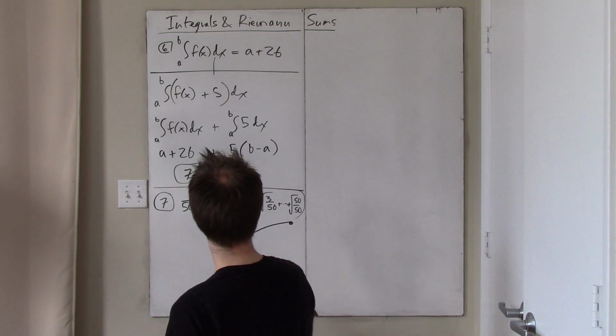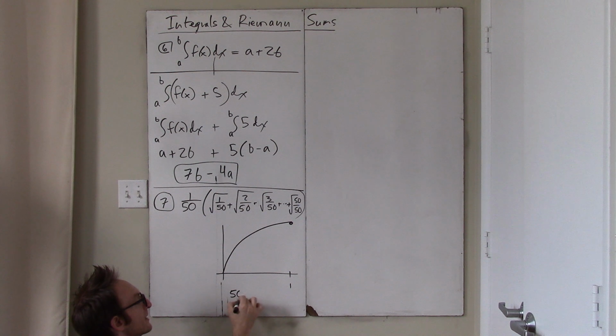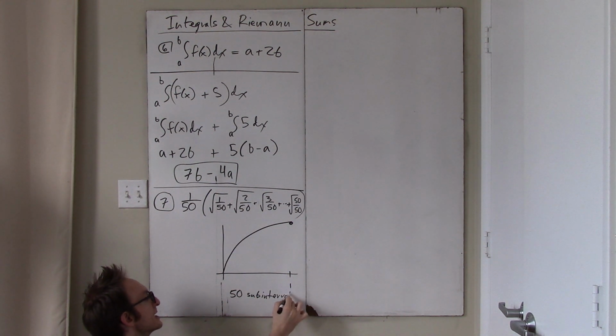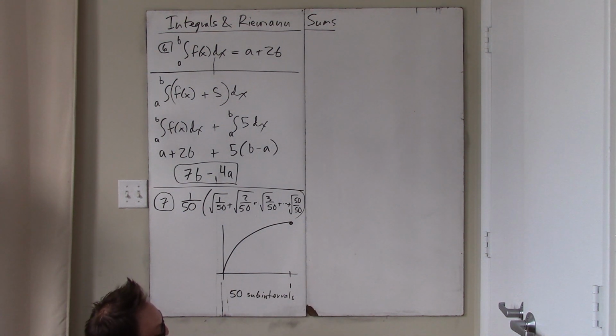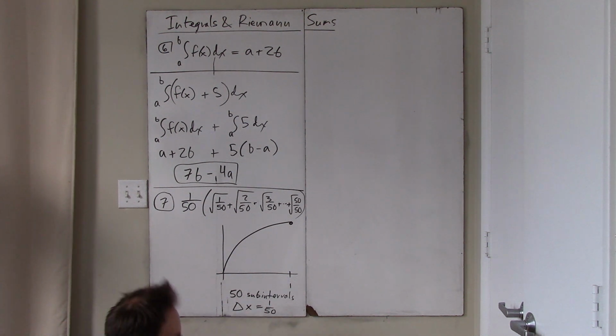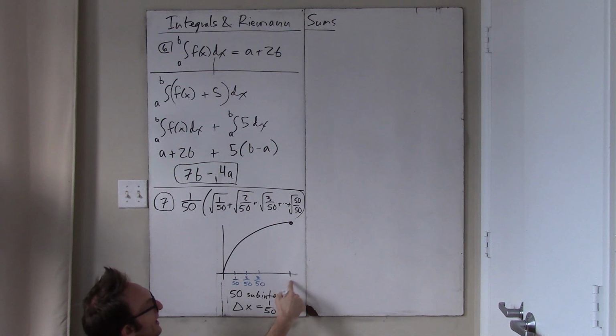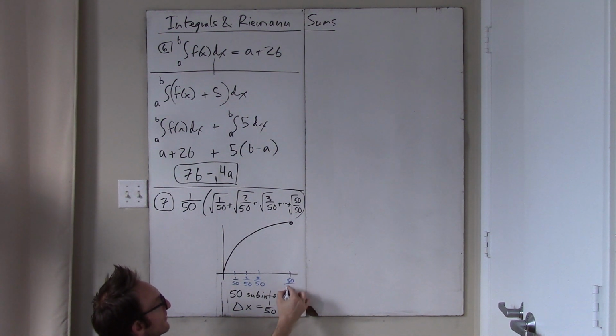but using 50 subintervals. And so what we're doing here is we're using 50 subintervals, and we're taking the integral from 0 to 1, and if that's the case, then delta x is going to be 1 over 50. And so this is what we did maybe on the very first day of this unit when we did area. So this would be 1/50th, and this would be 2/50ths, 3/50ths, all the way up to 1, otherwise known as 50/50ths.